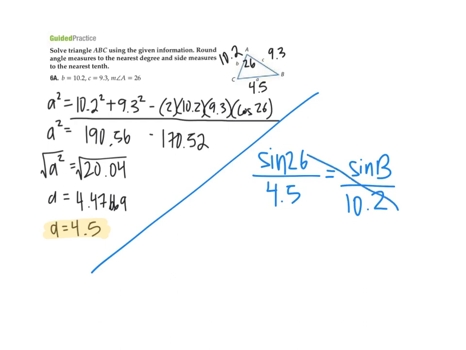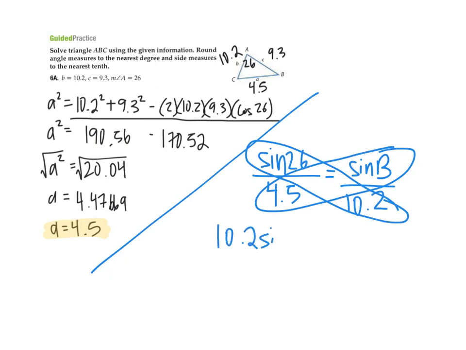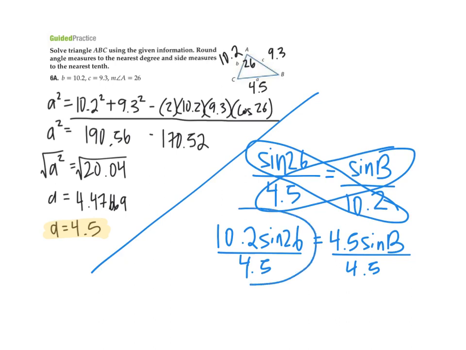Then I'm going to cross multiply. So multiply those together, multiply these together. 10.2 times the sine of 26 is equal to 4.5 times the sine of angle B. Then I'm going to divide both sides by 4.5. And this that I'm circling on the screen right now, this is what I type in my calculator. 10.2 times the sine of 26 divided by 4.5.